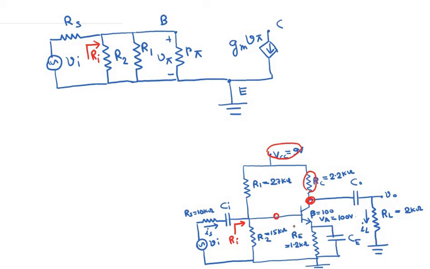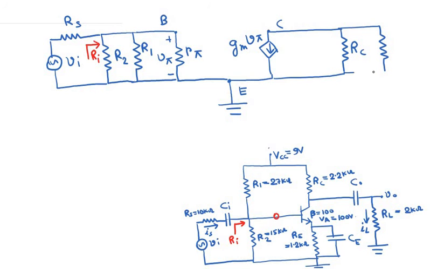So we draw RC and RL here, and we take the output voltage at the collector node. So this is our voltage V0.